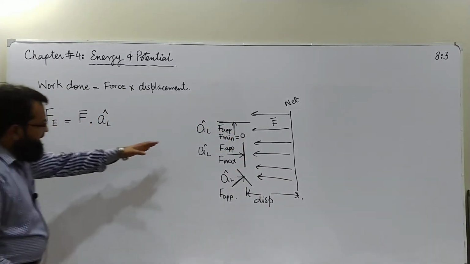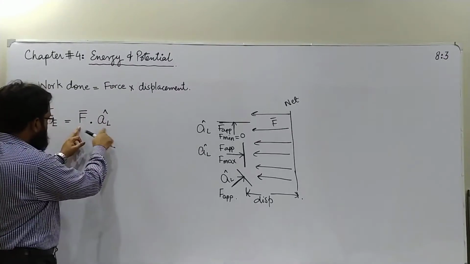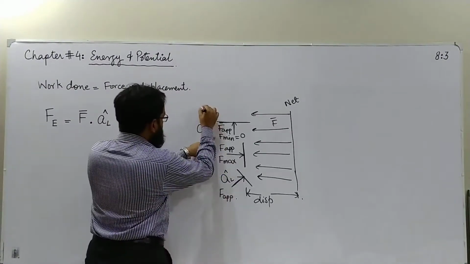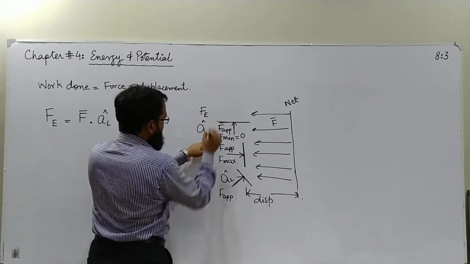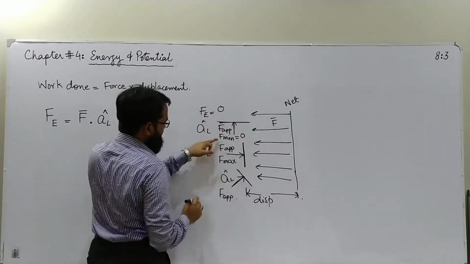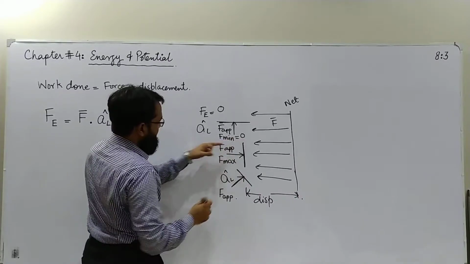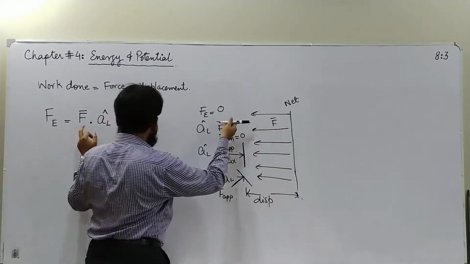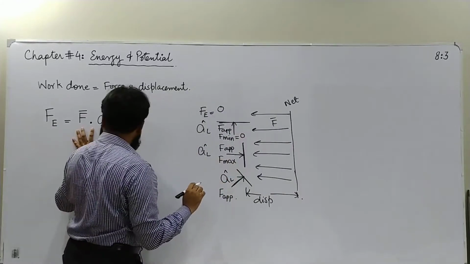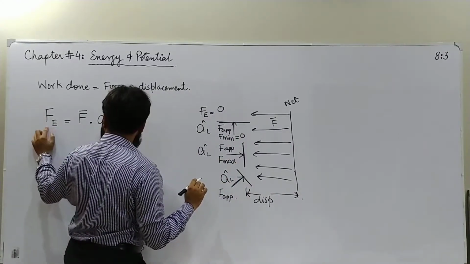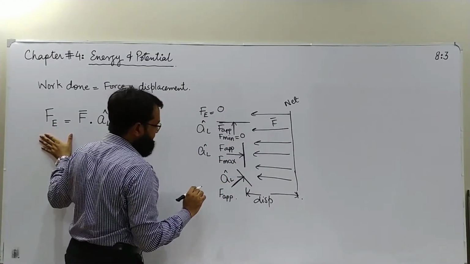So you can see that if I take the dot product in this case, the force experienced by me will be zero as predicted, because now the force and the direction in which I am moving have an angle of 90 degrees. So the force experienced by me will be zero.